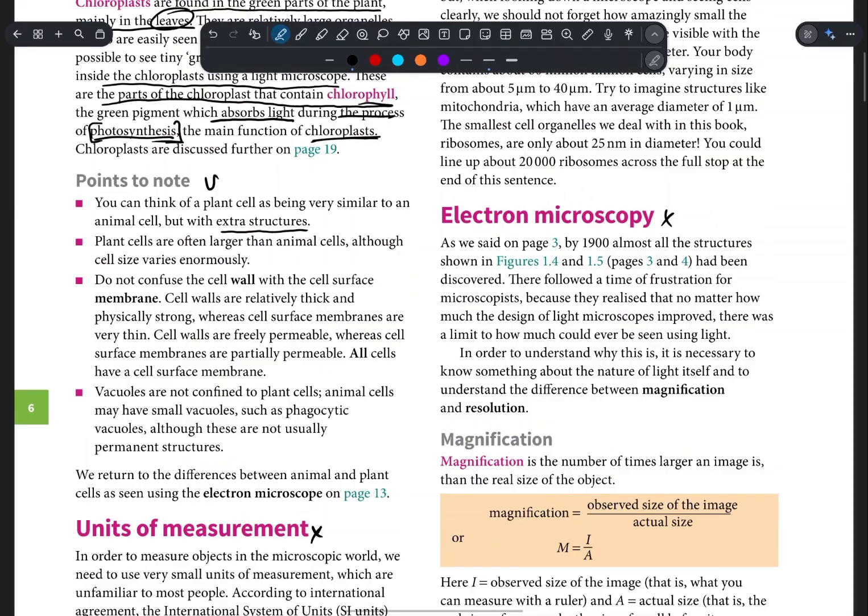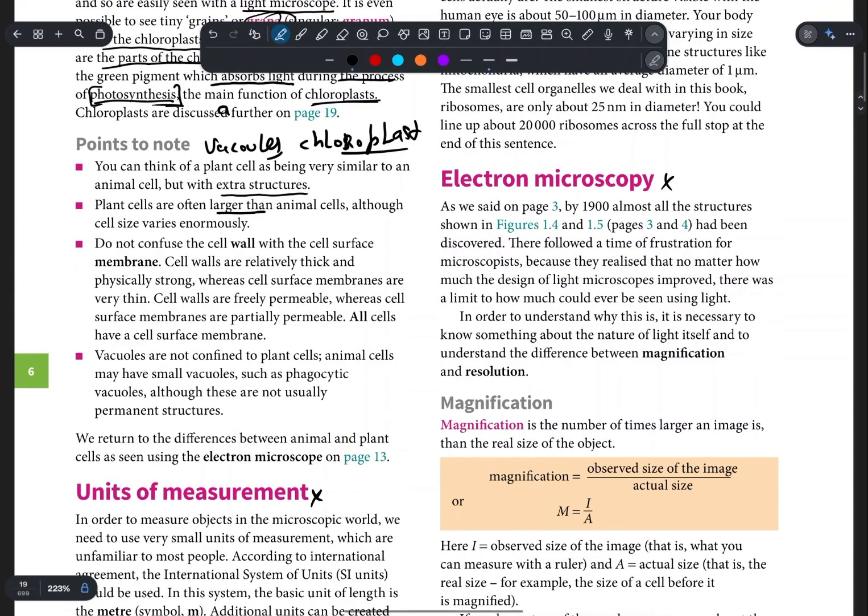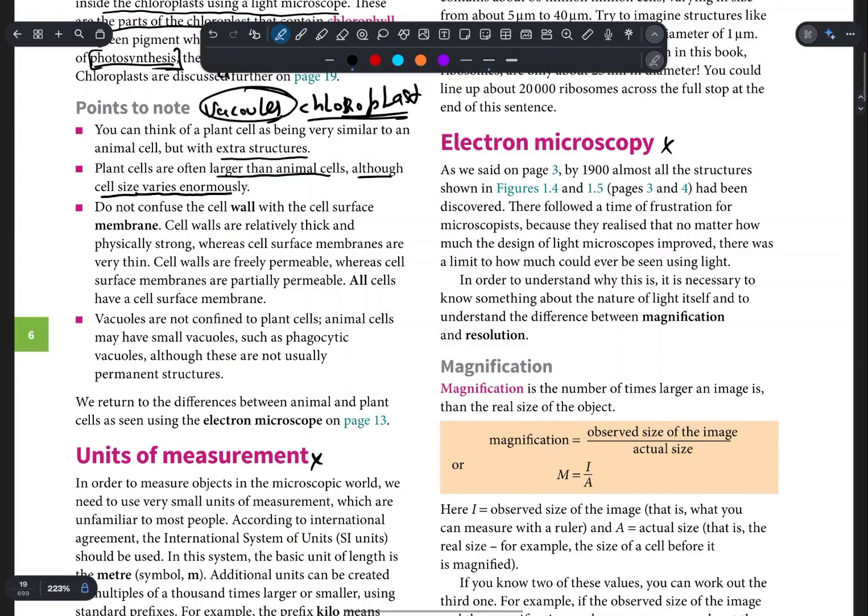They are like vacuoles, like chloroplast. Okay, and they are generally larger than animal cells, because if they have extra structures inside them, then obviously they will be larger than a normal animal cell.